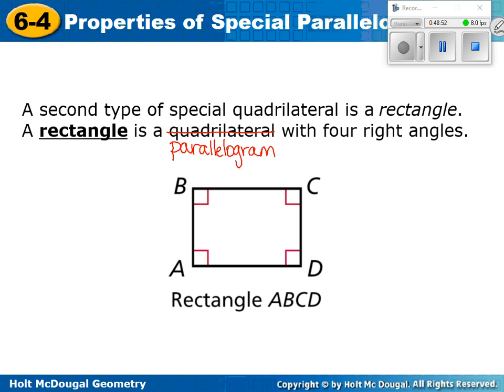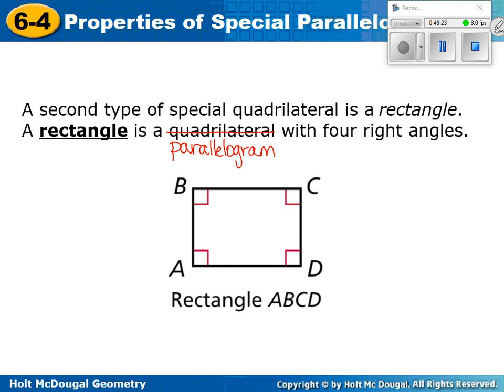But the definition also says that it is a parallelogram. So what we're going to add down here as our property of a rectangle is the rectangle has, because it's a parallelogram, it has all 5 properties of the parallelogram. The rectangle has opposite sides parallel, opposite sides congruent, opposite angles congruent, consecutive angles supplementary, and the diagonals will also bisect each other in a rectangle.